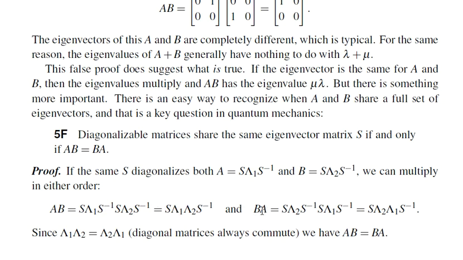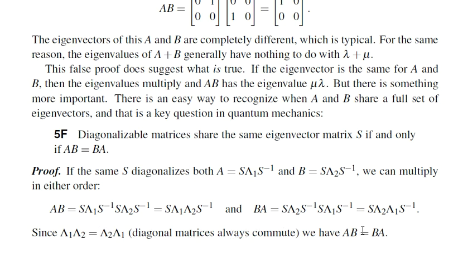And if we do BA, then the same thing, Λ2 and Λ1 will come in the same equation. So this is equal to again SΛ2Λ1S inverse. Since Λ1Λ2 is equal to Λ2Λ1, diagonal matrices always commute.